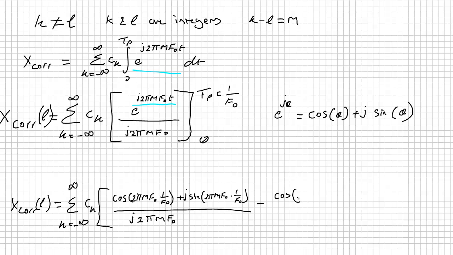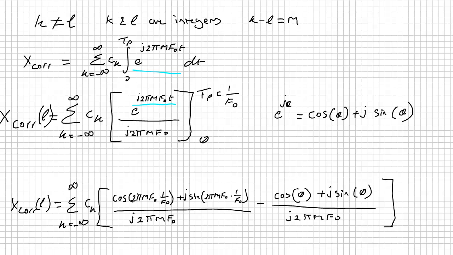Now I'm not going to write everything out because inside we'll have 2 pi m f naught and time will be 0, so anything multiplied by 0 is 0. Then we have j sine, again anything multiplied by 0 is 0. Then we have j 2 pi m f naught.